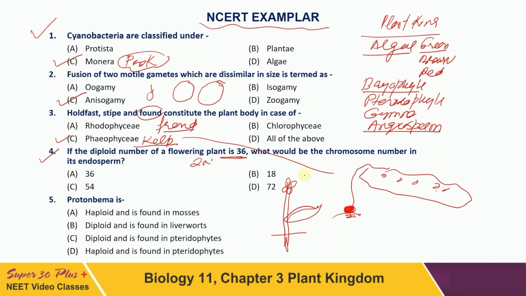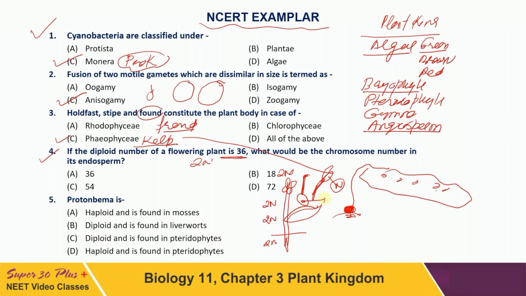In the flower, this is the carpel, and this one is the anther. Root 2n, leaf 2n, stem 2n, flower 2n. All parts have 2n number of chromosomes, while the pollen grain that is formed here has n number of chromosomes.